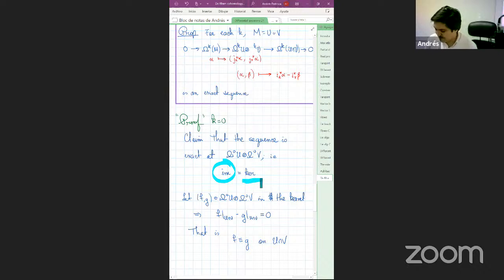We look at an element here and we want to show that it is in the image. That is, we want a global function that when restricted to U agrees with f, and when restricted to V agrees with g. This makes sense?